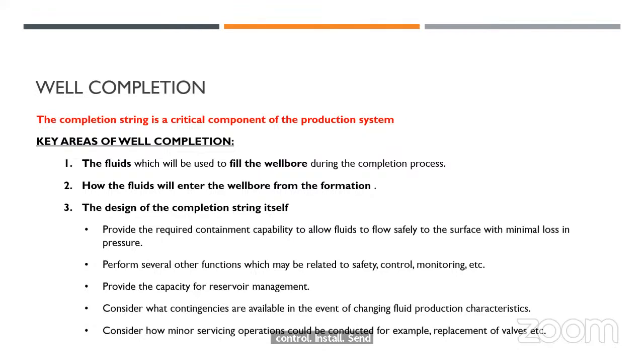So we need to simulate how much pressure loss will happen inside this sand control. That's why there are some components that might be installed inside the well completion to control the safety and control the fluids going up from the well bore. Also, we sometimes need to consider corrosion itself, to choose the materials suitable for our fluids.